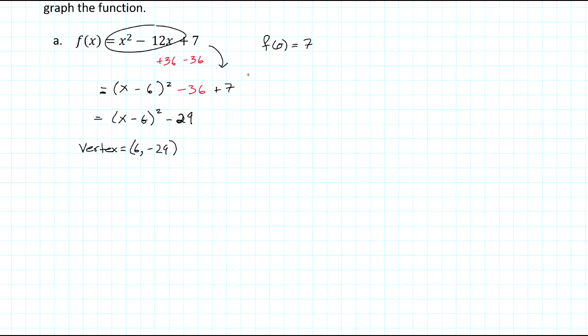Right here, those terms would go away. So we get the y-intercept of 0, 7. And then the y-intercept mirror is going to be, if I take the vertex x value and double it, I'm going to get 12, comma, and the y value of the y-intercept is 7.